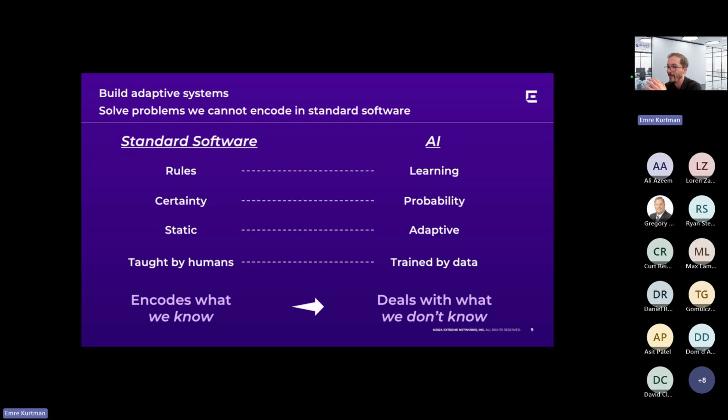But the main difference when you compare standard software with AI is that standard software will provide you what you already know. But with AI, of course, there's learning involved. It's trained by data, and it's adaptive. So that's why it deals with what we don't know already, and it provides you the probability of some issue or something that can happen in the future.